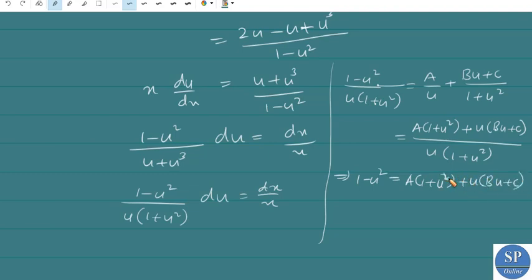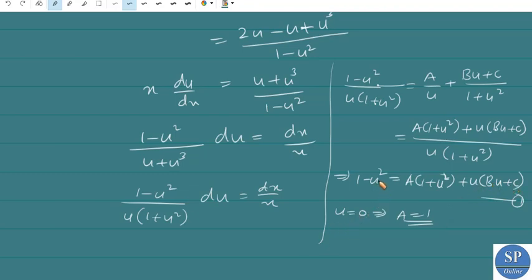So we have to obtain the values of a, b and c. To get a, we can take u equal to 0. Then we can eliminate b and c, and we have 1 equal to a into 1 plus 0, so a equal to 1. Now we have to get b and c.